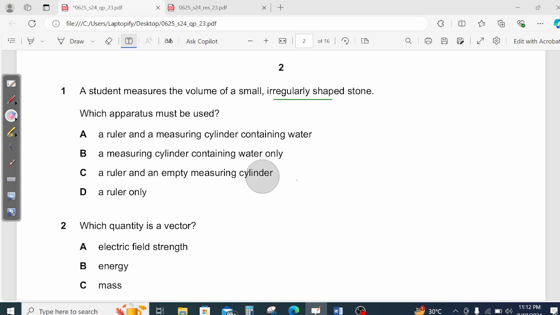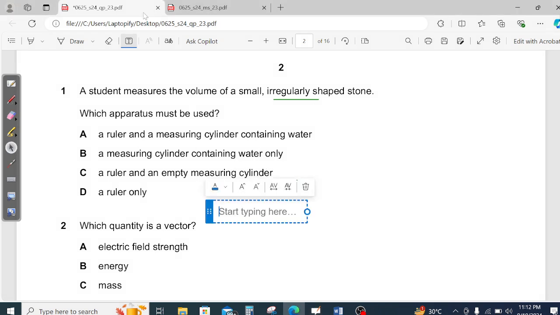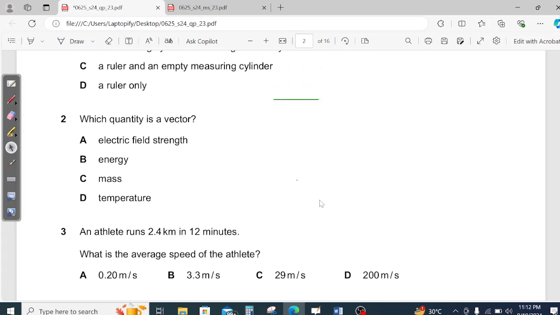Okay, the second question is: which quantity is a vector quantity? I will start from D. Temperature is a scalar quantity.